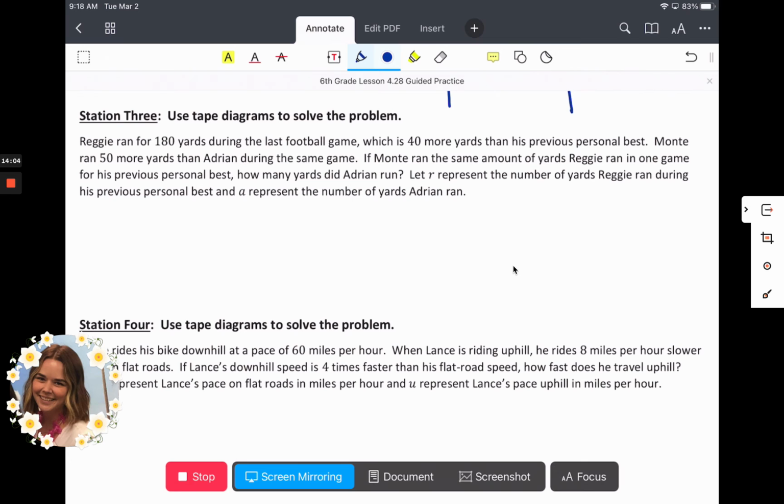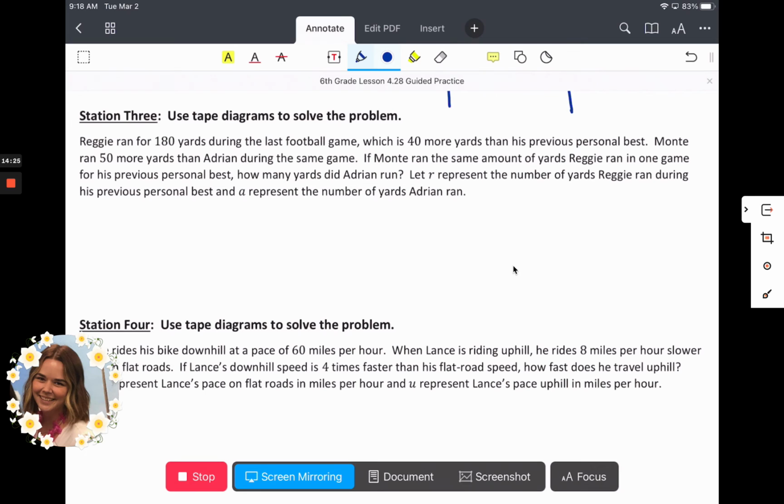Monty ran 50 more yards than Adrian during the same game. If Monty ran the same amount as Reggie ran in one game from his previous personal best, how many yards did Adrian run? So I'll let R represent Reggie and A represent Adrian.